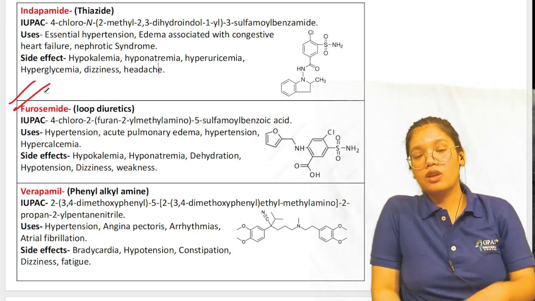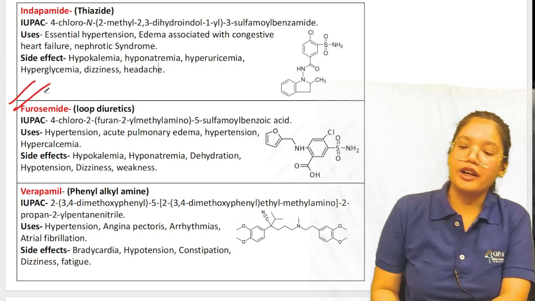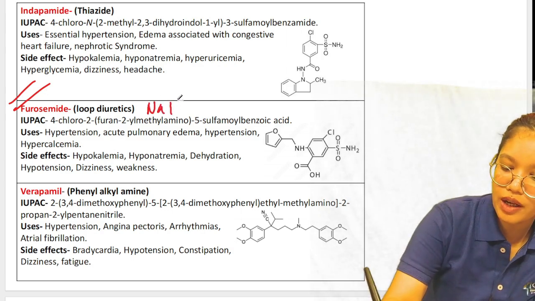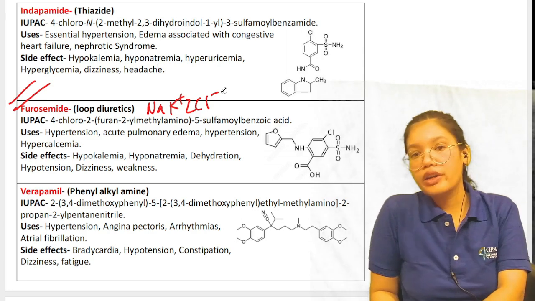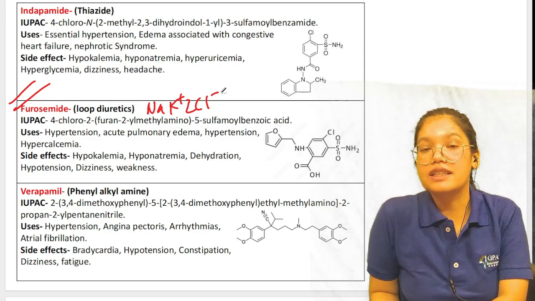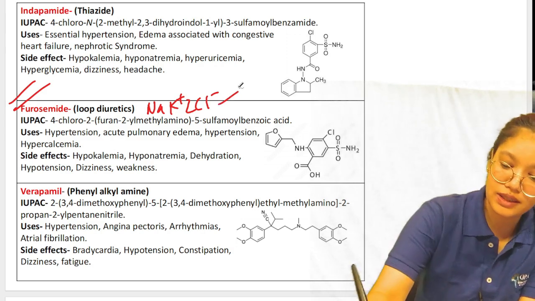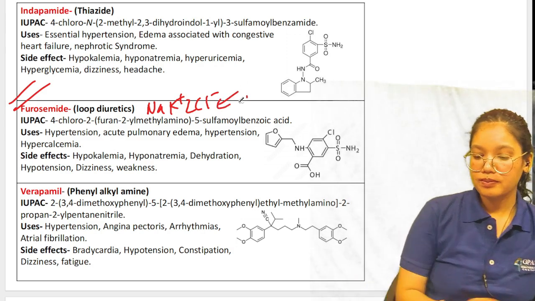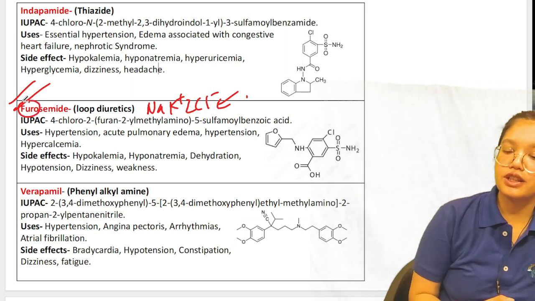Now, this is also a diuretic under the loop diuretic that acts on the sodium potassium 2 chloride co-transporter in the ascending loop of Henle, the thick ascending loop of Henle. It works there. So the structure, if we talk about, it has a furo in its structure.